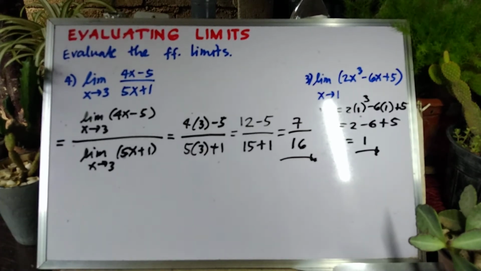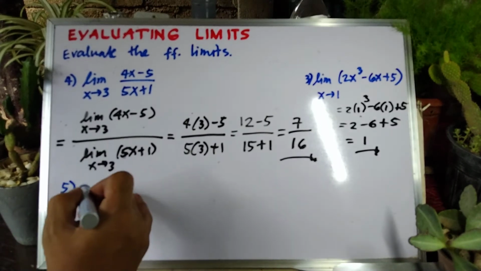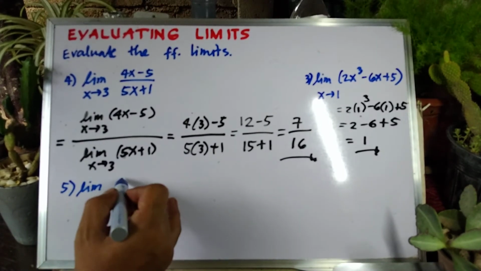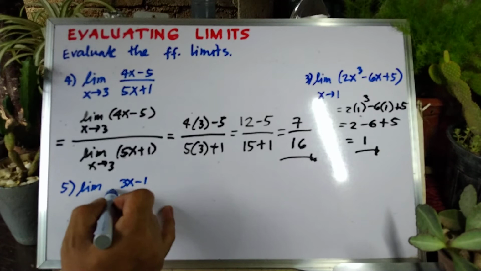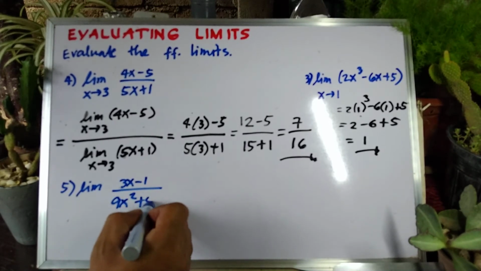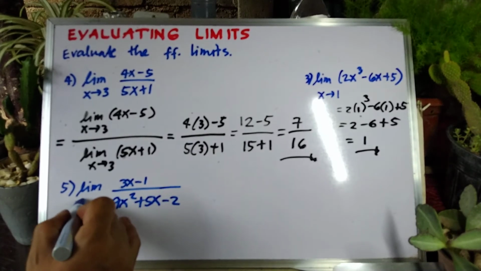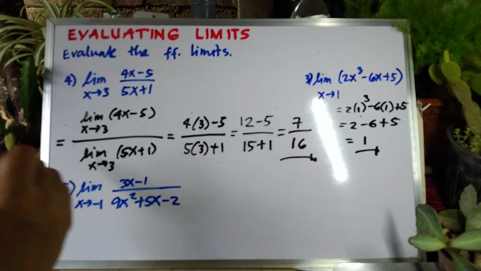What else? Ito. Sample 5. The limit of 3x minus 1 over 9x squared plus 5x minus 2 as x approaches negative 1.